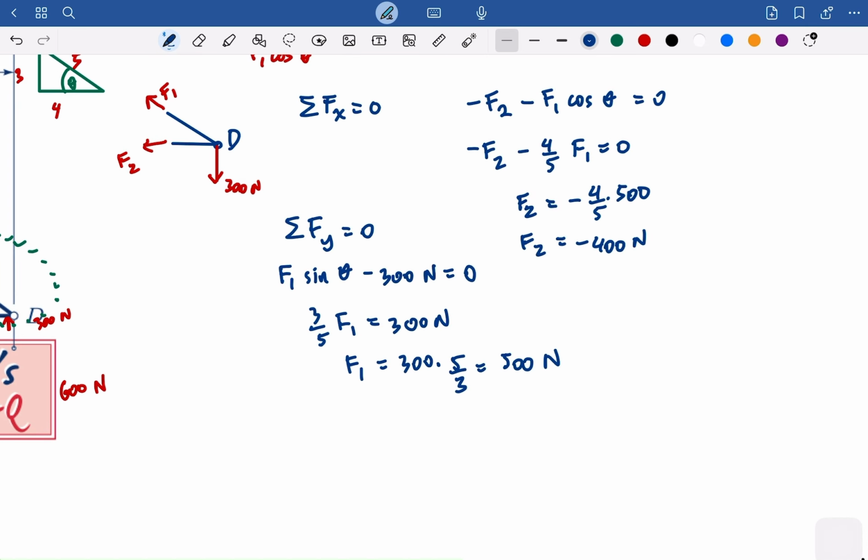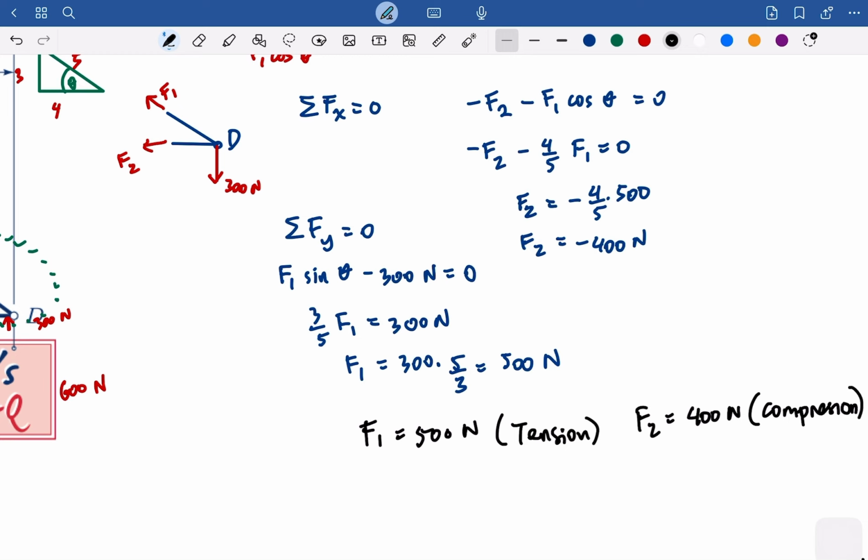Or if you want to answer: F1 is 500 Newton. Since it's positive, we call this a tension. And F2 is 400 Newton, but it's a compression. Or you could simply write T or C, just to describe what's happening.